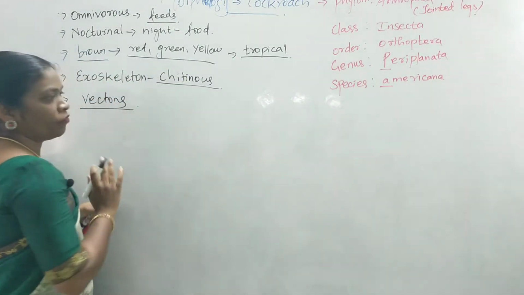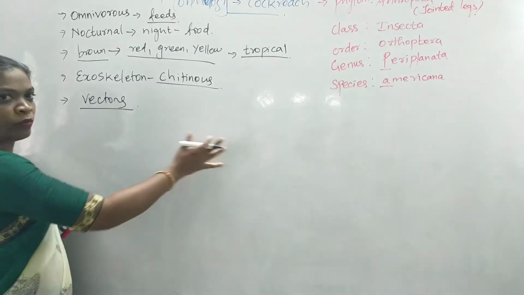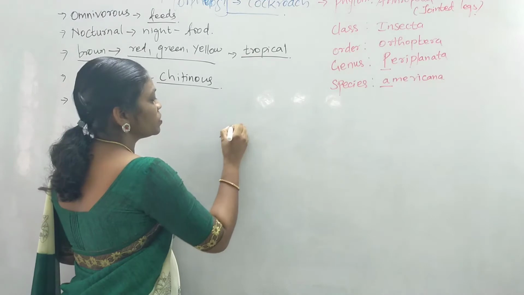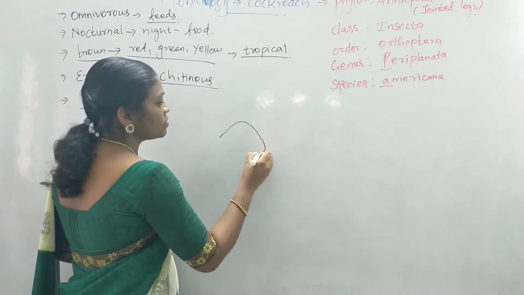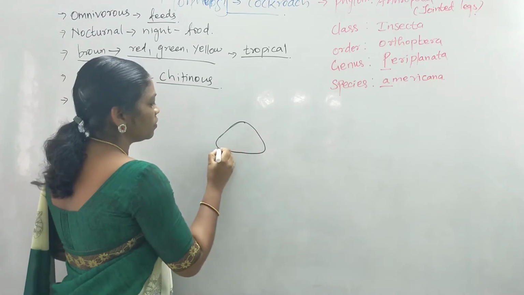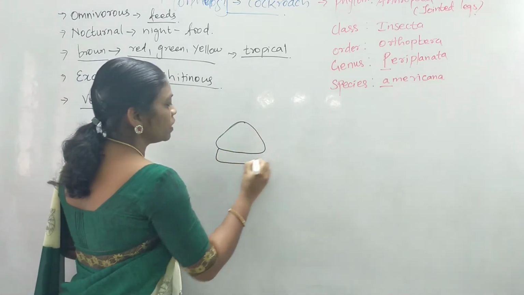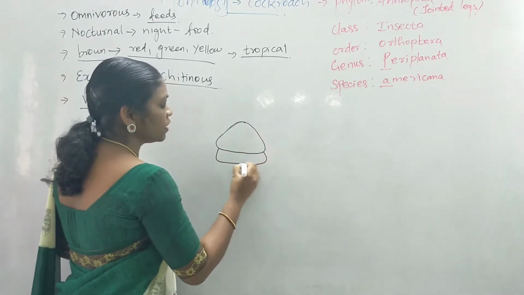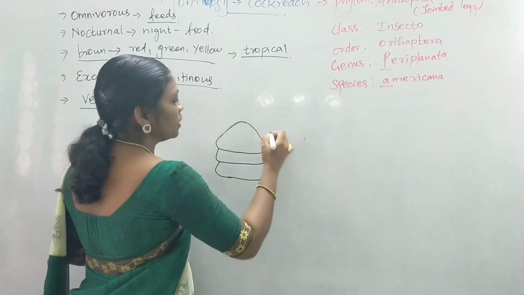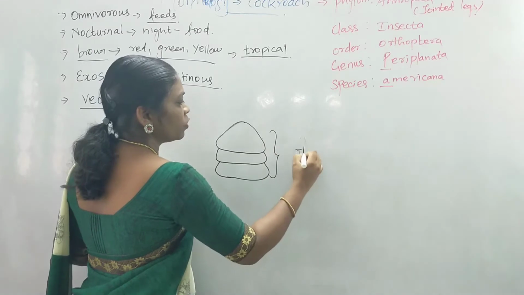When you draw a diagram of cockroach, along with the diagram we'll learn, so that makes your learning easy. The region which is larger and conical in shape, followed by one more structure and another, the entire structure is known as thorax.